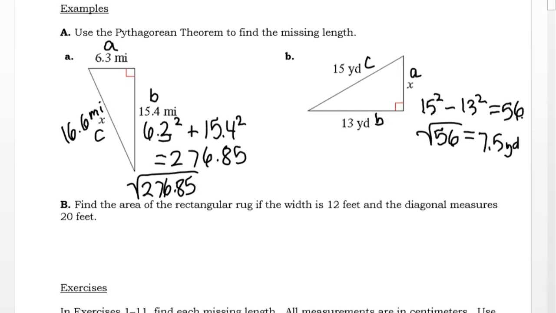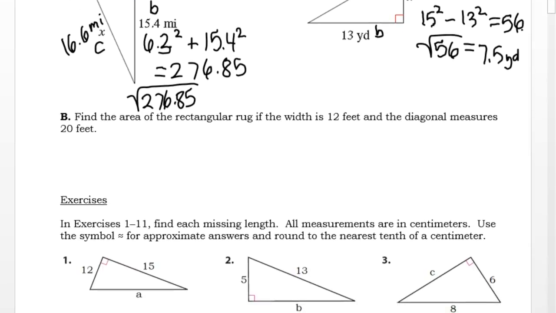Example C, I have a rectangular rug. I want to find the area. If the width of the rug is 12, and the diagonal of the rug is 20. So if I ignore the top half of this rectangle, that's a right triangle. I know the diagonal, which the diagonal of the rectangle is actually the hypotenuse of that right triangle.